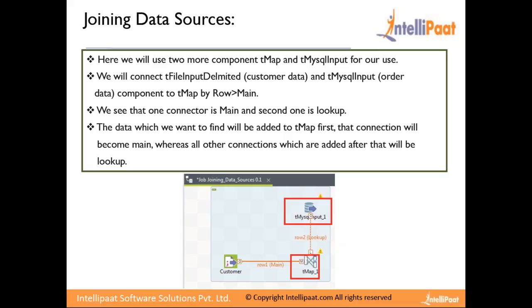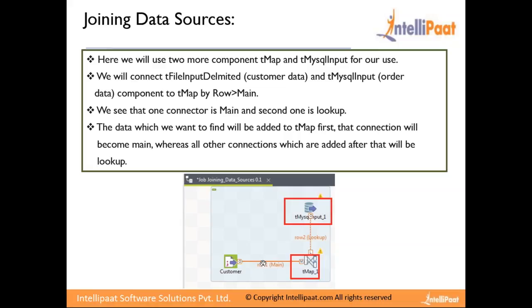So in that case, if you want to have all the details for customers, you need to have the connection for customer table as main. If you select that as lookup, then in TMAP you will have to do more efforts to get data from the lookup table, rather than getting it from the main.